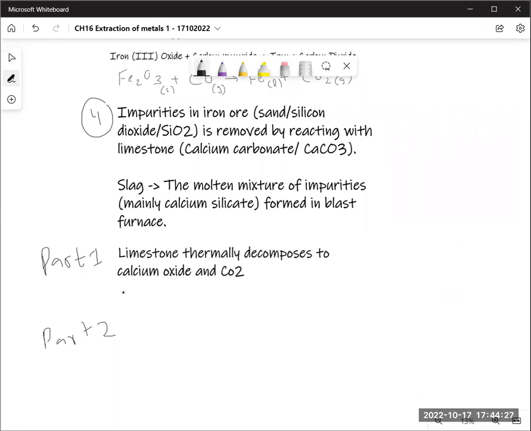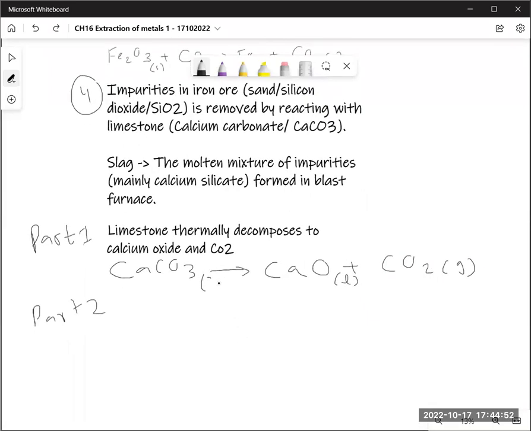The equation for this is CaCO3, or let's say limestone, gives us CaO plus CO2. Gas, liquid, solid.